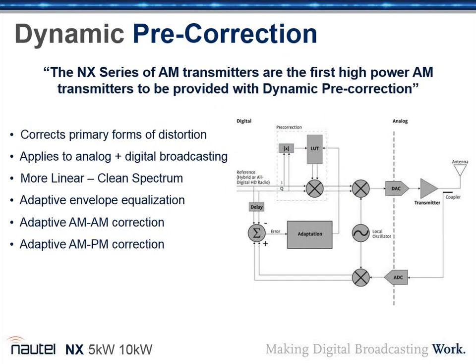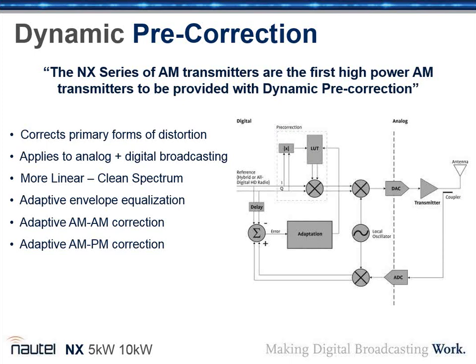Alex, do you want to walk us through the schematic, the block diagram I should say, on the right-hand side? Yeah, sure. So basically what happens with the dynamic pre-correction is we take a sample of the output of the transmitter, and that is compared to the ideal waveform that you're trying to transmit, and then we look at the difference and figure out what kind of correction curve has to be implemented inside the exciter to adjust for the distortion.